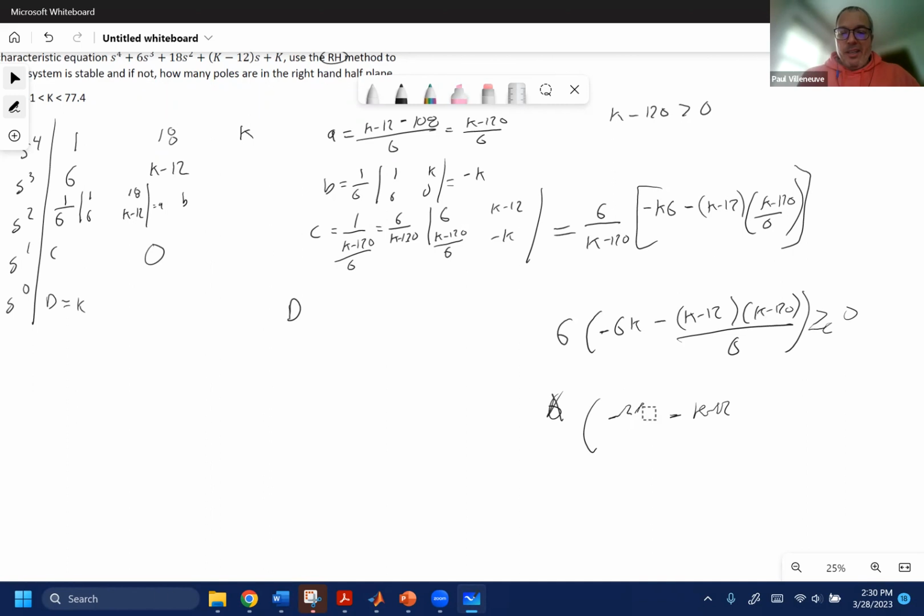I'm not sure why this pen, it's like it doesn't respond fast enough. So this is negative 36K minus, and this is K squared minus 132K, and then plus 12 times 120 is 1,440. That has got to be greater than or equal to 0.